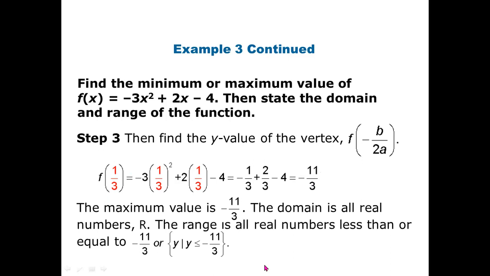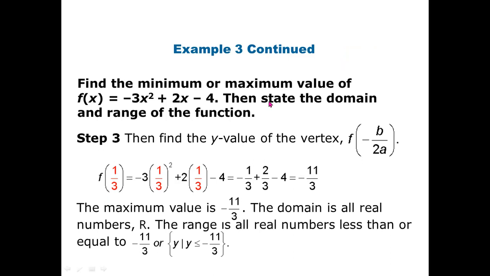Okay, so if we try to picture it out, that will be opening downward. And the maximum value is negative 11 over 3, sorry. And then the x value of the vertex is 1/3.